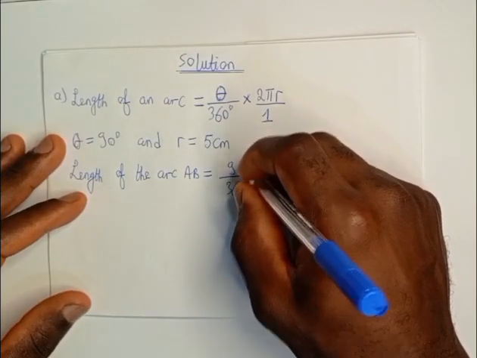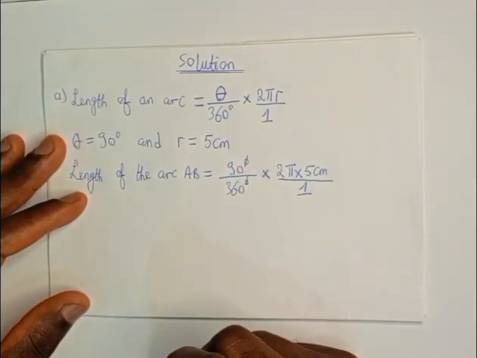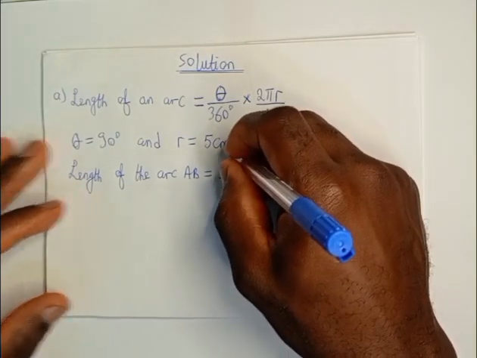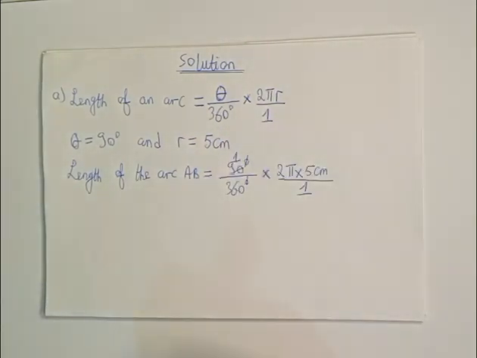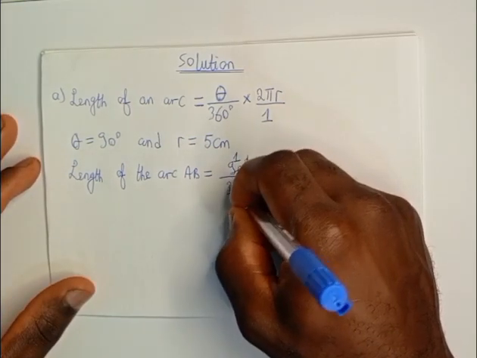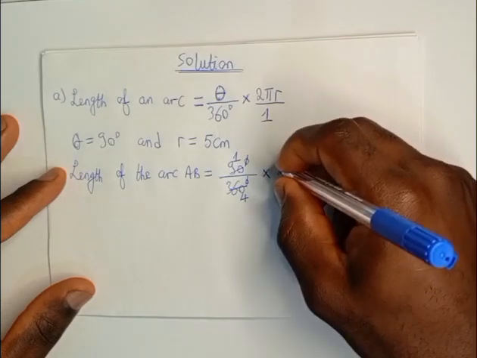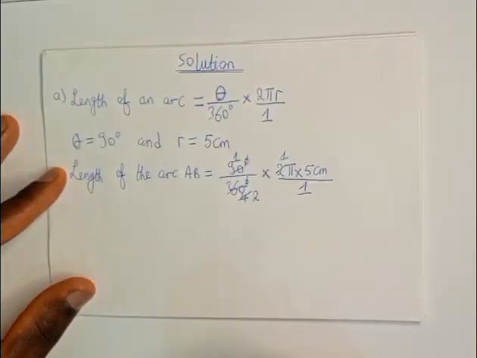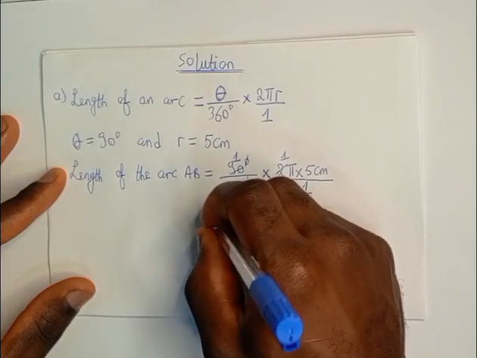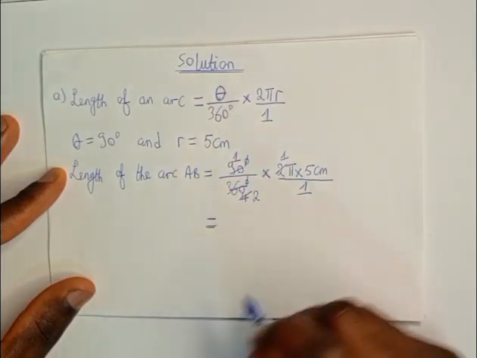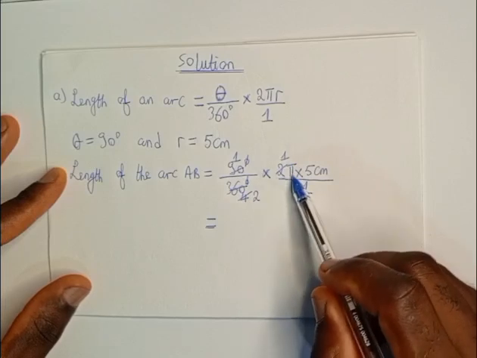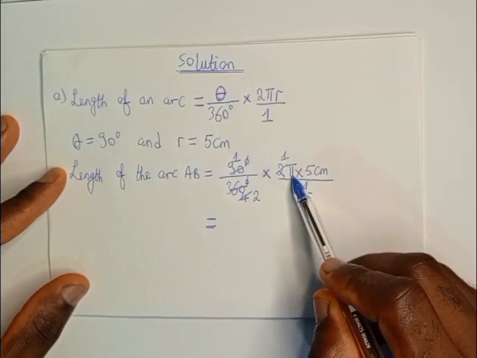You see, degrees will strike off degrees. 90 divided by 90 gives us 1. 360 divided by 90 gives us 4. 2 will go here 1 time, 2 will go into 4 2 times. We will simply be left with at the numerator 1 times 1 remains 1 times pi, which is a constant, it gives us pi.